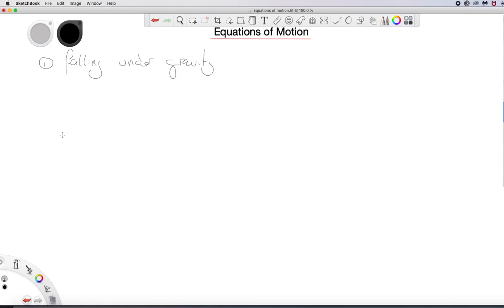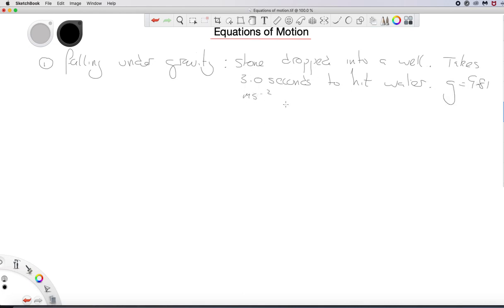So let's say we have a stone which is dropped into a well and it takes 3.0 seconds to hit the water. g is 9.81 meters per second squared.